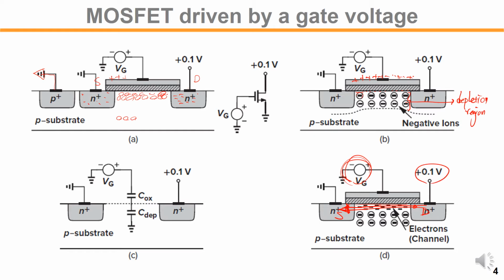The sheet layer of electrons forms the channel. Through this channel current can flow, and the p-type surface is changed to n-type. This condition is called channel inversion.